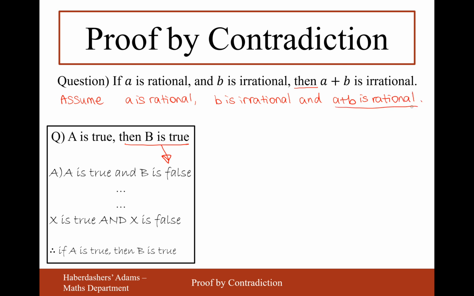So let's pick up this bit here and have a look at what that will mean. So if A plus B is rational, then it must be represented as a fraction. Let's write it as x over y. But also we know that A is rational, so we could also write A as a rational term as well.